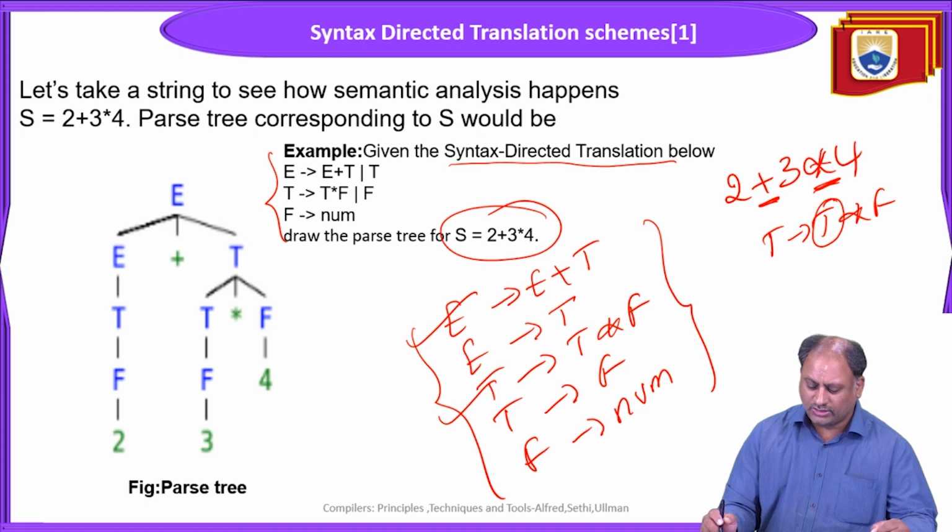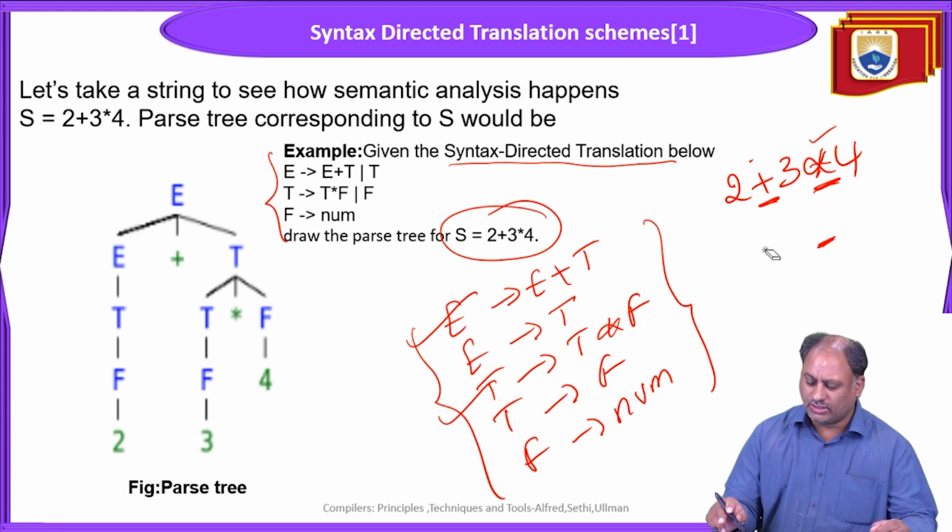Here T contains only T star F, or again multiplication, or T derives F. So that is the only choice. Again, multiplication is not required, we require a plus operation. But here both plus and star are available. On the left hand side we require a plus operation, but T doesn't contain a plus operation.